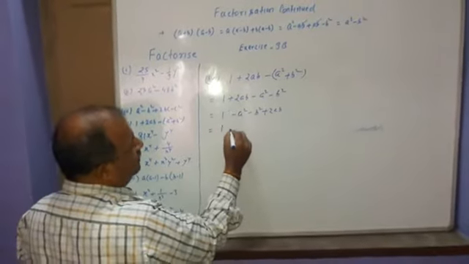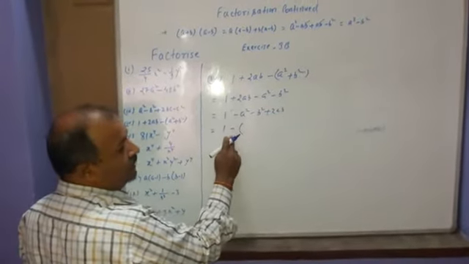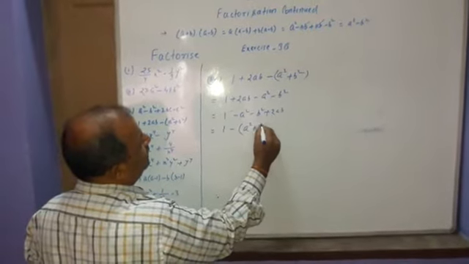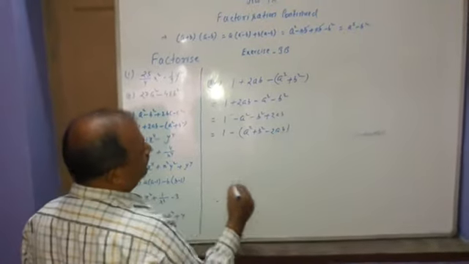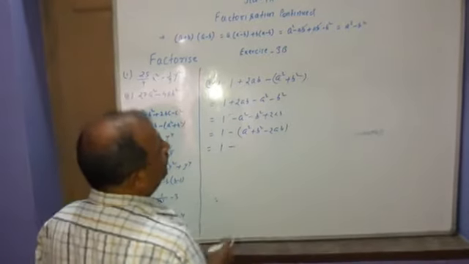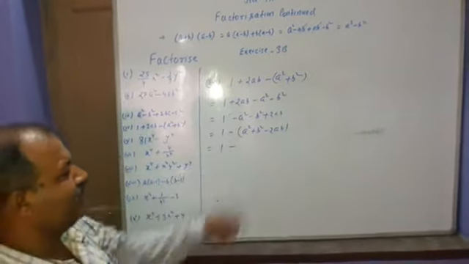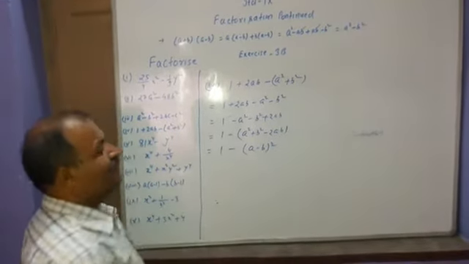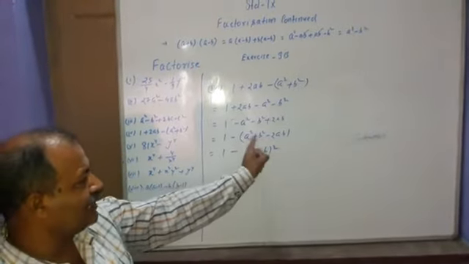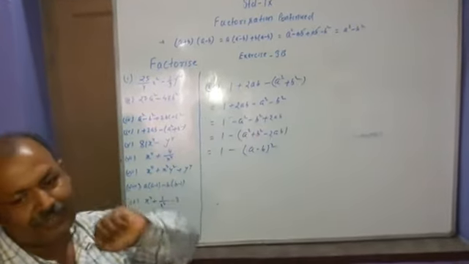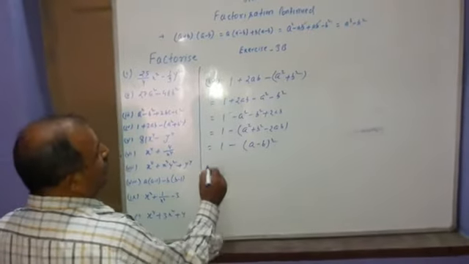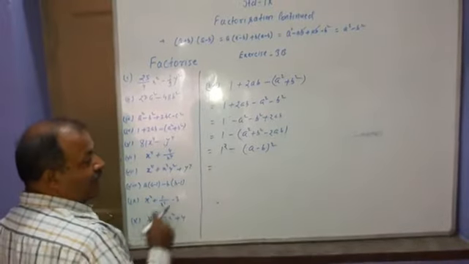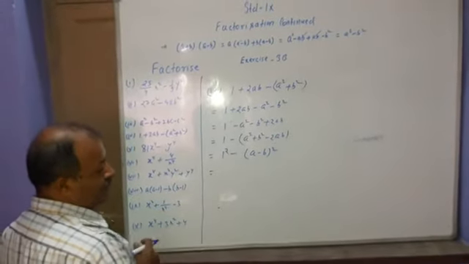Now, 1 minus, if we take minus as common, we are left with a square plus b square minus 2ab. You already know about it. This is the identity that gives the value of (a minus b) whole square, that is a square plus b square minus 2ab. And therefore here 1 can be written as 1 square. Now it is of the form a square minus b square.